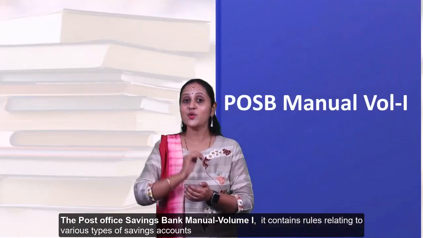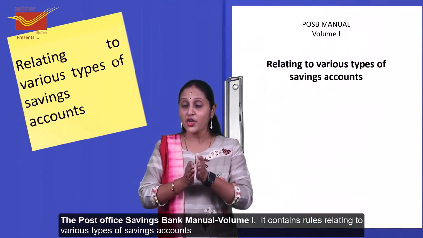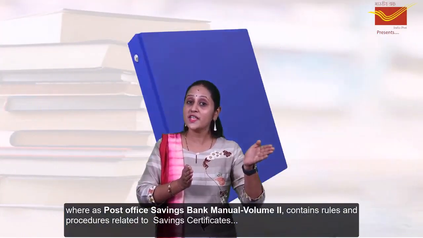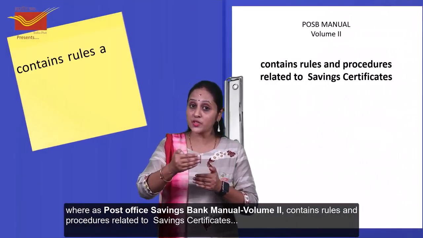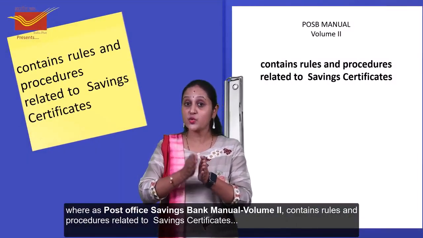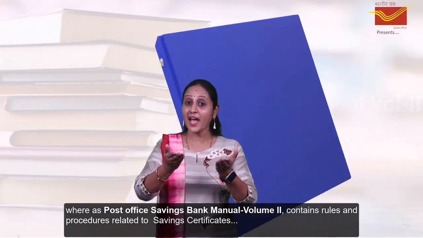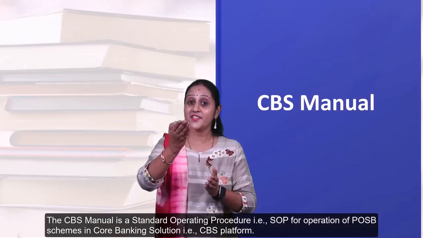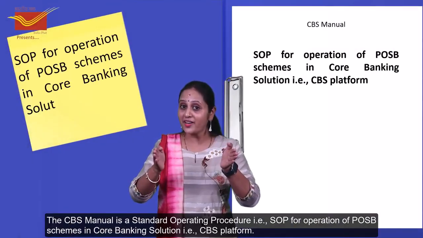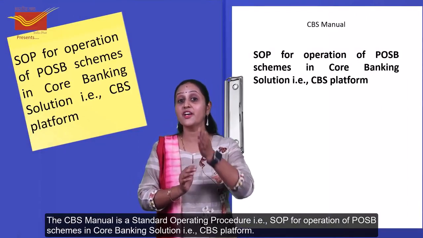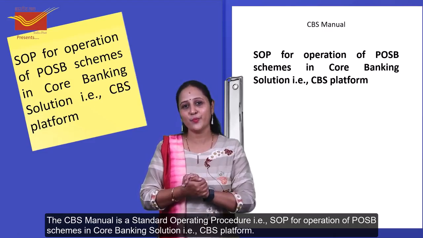It contains the rules relating to the various types of the savings accounts, whereas the Post Office Savings Bank Manual Volume 2 contains the rules and the procedures related to the savings certificates. And we have the CBS Manual, a standard operating procedure, that is a SOP, for operating the POSB schemes in the core banking solution, that is the CBS platform.